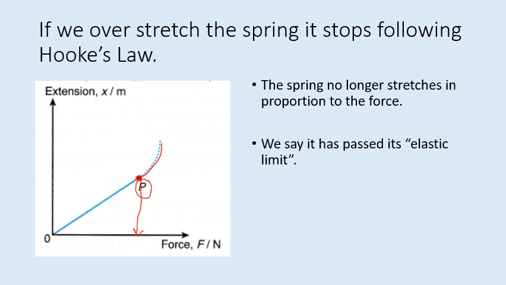This straight line going through naught, I know my line's not straight, is where it is directly proportional, and over point P it's no longer directly proportional. We say that the spring has passed its elastic limit. So at P it passed its elastic limit.